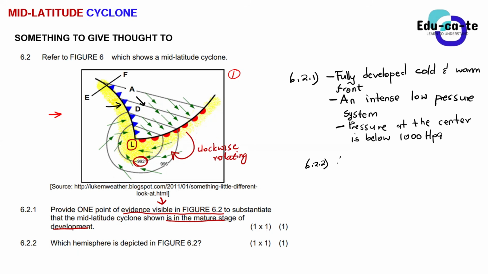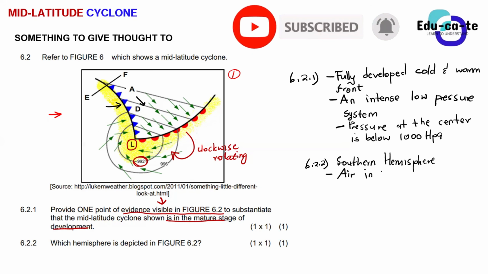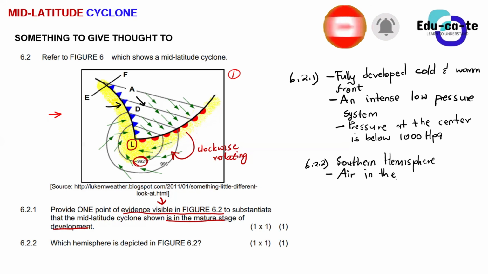Yes, sir. So this is a southern hemisphere. If they say give a reason for your answer, you now say that the air in the low pressure cell, or in the mid-latitude cyclone, circulates, or you can say it rotates, in a clockwise direction.